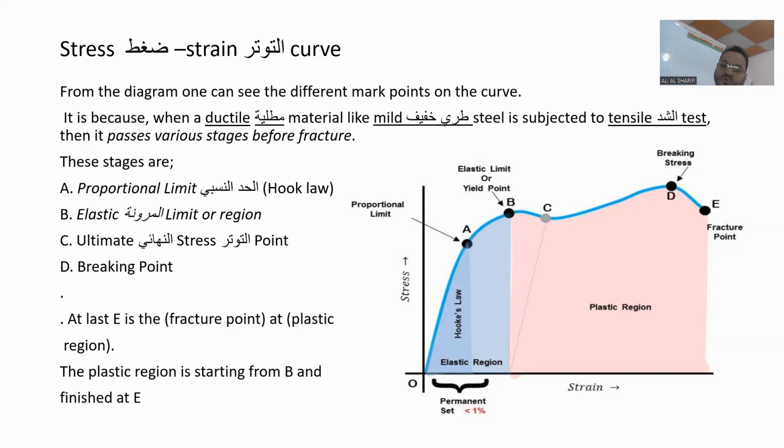The proportional limit is the first one here. It's from O to A. That means we increase the stress from 0 to A. The elastic limit or region is the B point, or we can say the yield point.